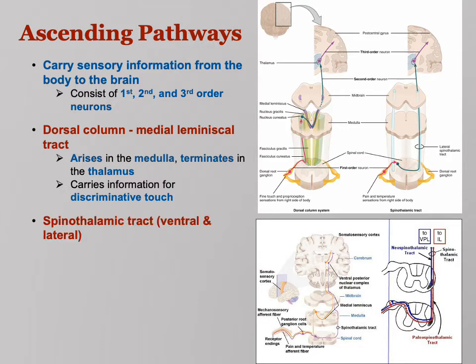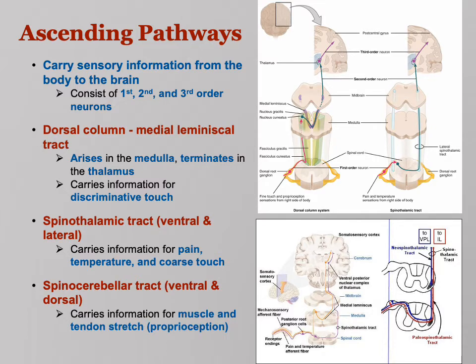Then the spinothalamic tract, both ventral and lateral, carries information for pain, temperature, and coarse touch. This is not where you need to finally discriminate what things are. Just, is it hot or is it cold? Does it hurt or is it okay? That's the spinothalamic tract, going from the spinal cord up to the thalamus, okay?